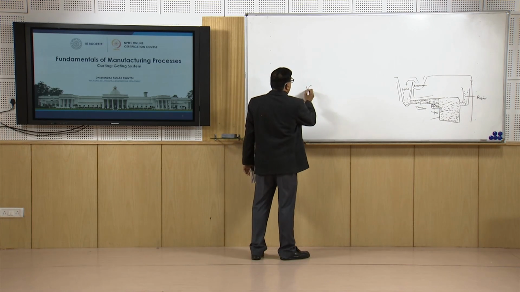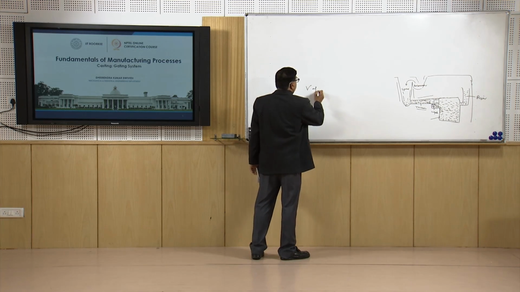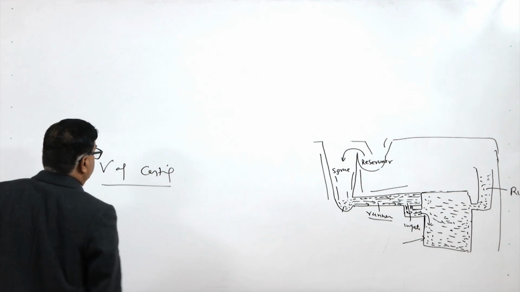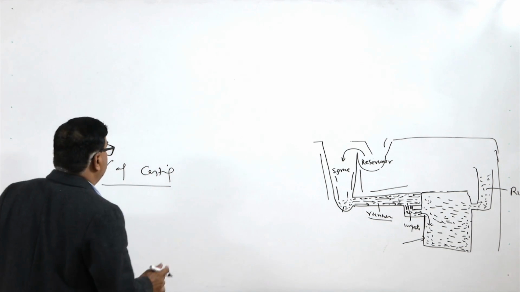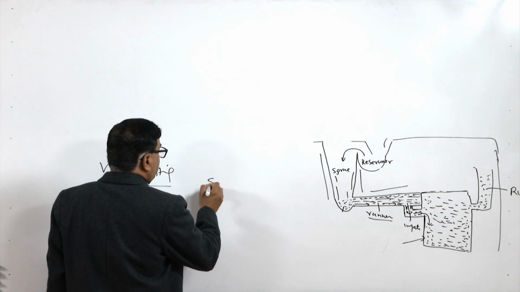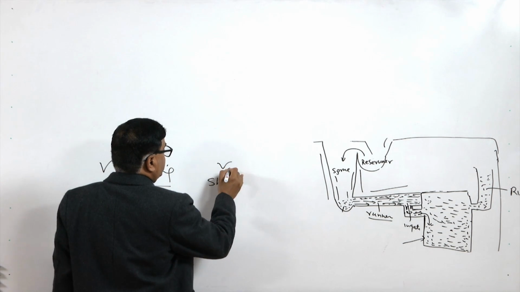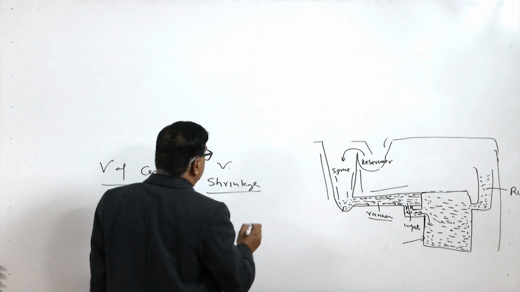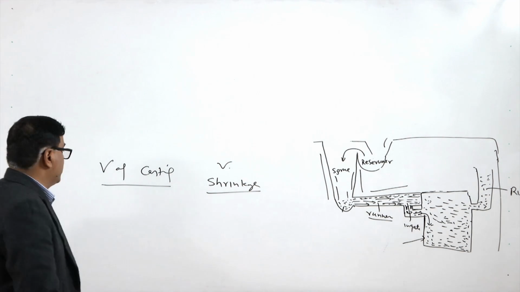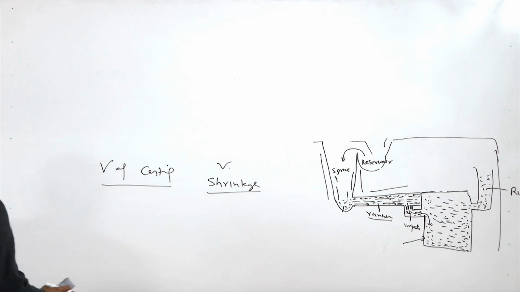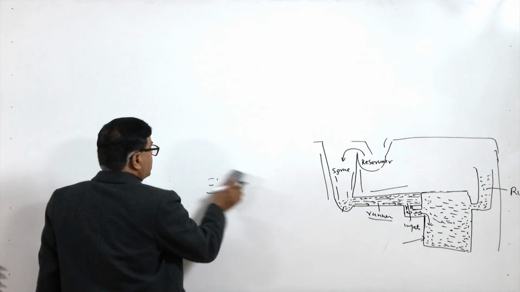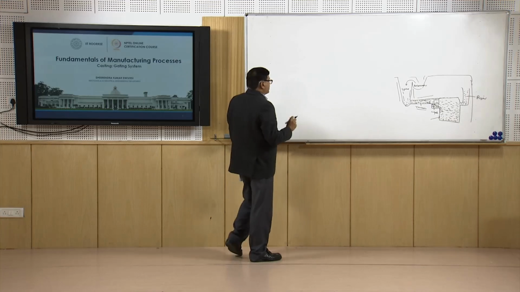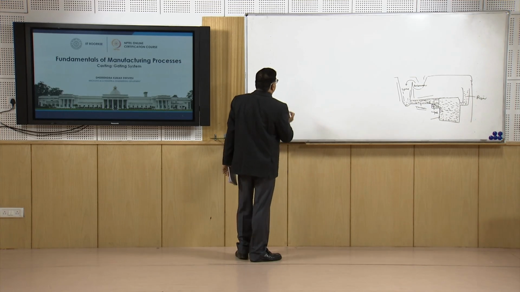So, say the volume of the casting, for that purpose we need to determine, and with respect to the volume we need to consider what is the volumetric shrinkage of the metal on account of the liquid to solid state transformation. And for that purpose, what we need to consider is the metal which is being subjected to the casting, means which is being processed by the casting route.